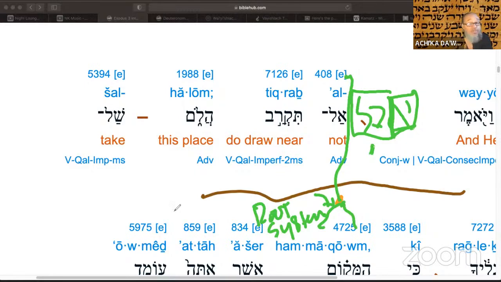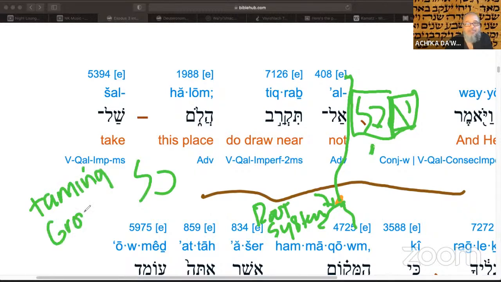Well, agriculturally, they would have a staff in their hand. And when they put their seeds out, they would use that staff to press it into the ground. And then the food would come out. Call also has to do with taming. And what am I going to tame? I'm going to tame the ground.